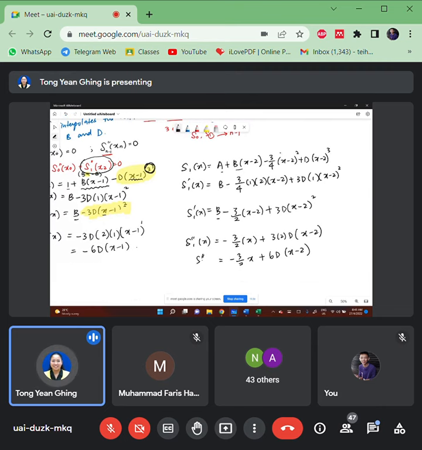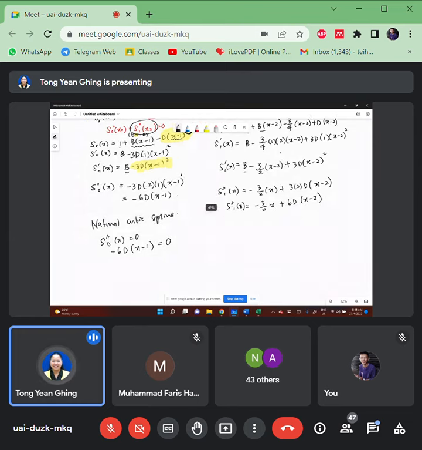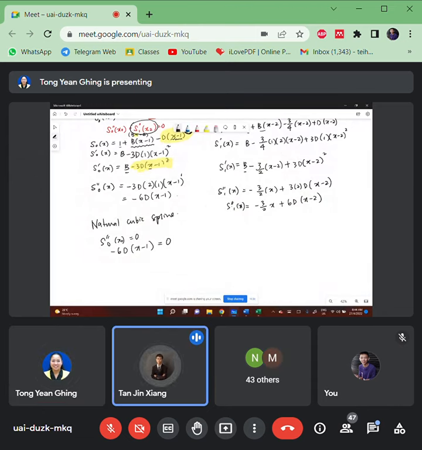Okay, based on just now, because this is a natural cubic spline, so that means S double prime x have to be equal to 0. So that means negative 6D x minus 1 equal to 0 when we put x naught. Yes? Itu bukan negative 3 over 2 only.